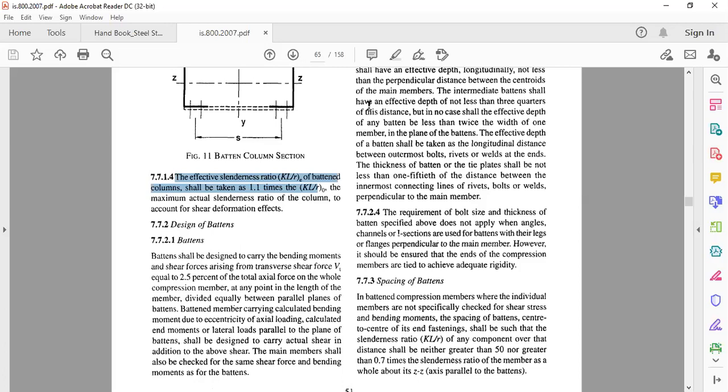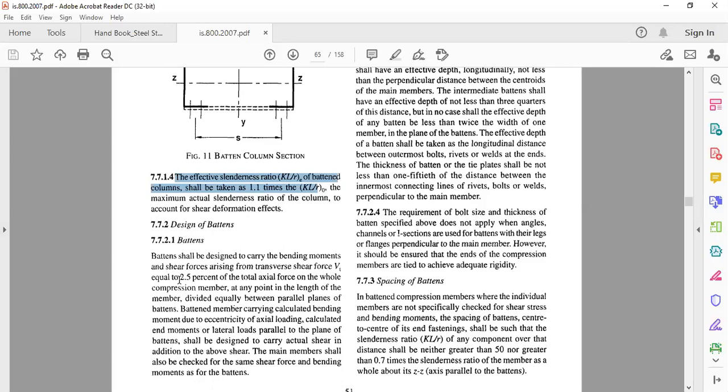KL is nothing but the effective length of the column. R minimum is nothing but the least radius of gyration, always, for a laced column or battened column, whatever it may be. The least radius of gyration is equal to Rxx, since the spacing between the compression members.